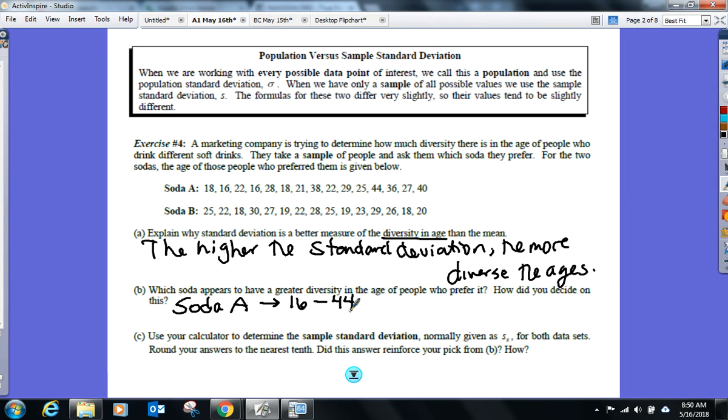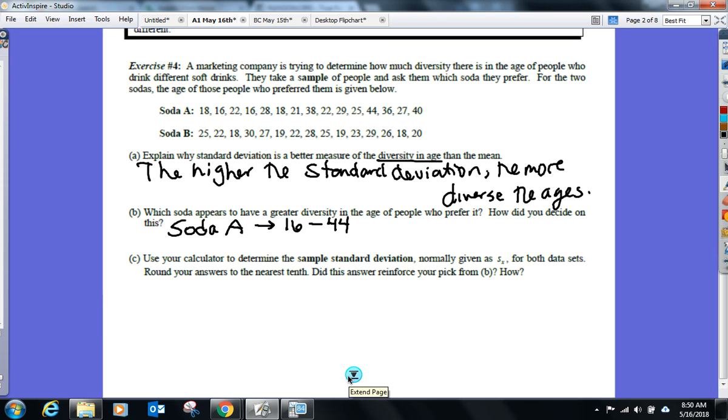Which means what? What should I know about, when we find this in a second, the standard deviation of soda A versus soda B? Soda A should be what? Greater or less than soda B? Greater, because it's more spread out. Let's find out. Use your calculator to determine the sample standard deviation here.